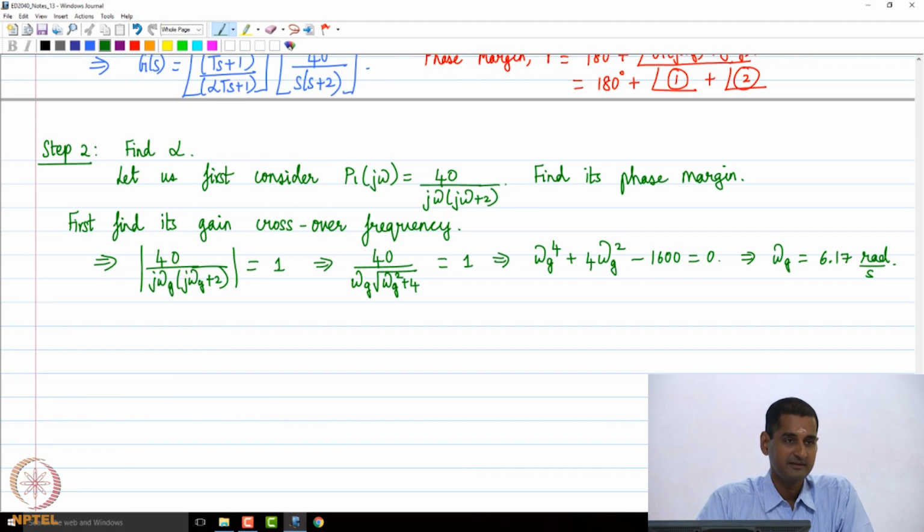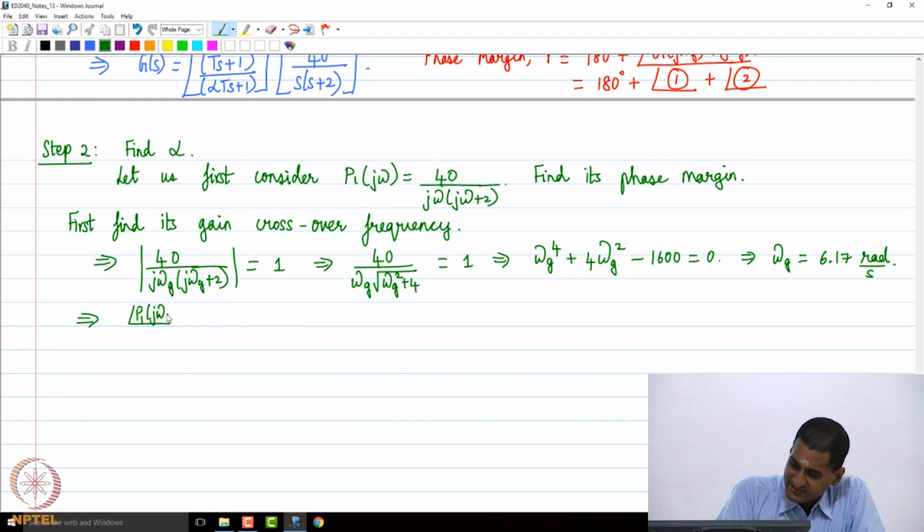This will imply that the phase of P1(j omega g) is going to be equal to minus 90 degrees minus tan inverse of omega g by 2.